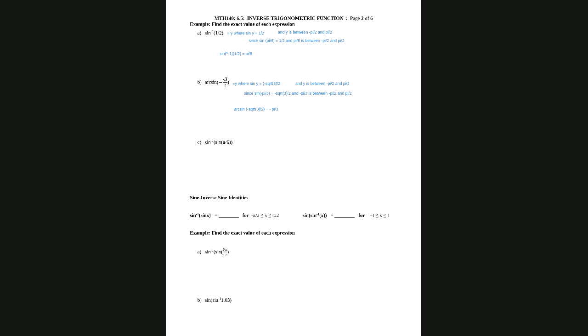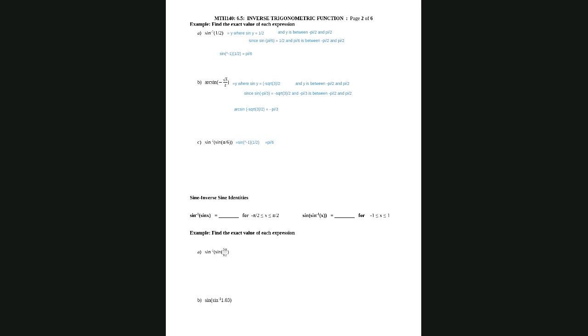So the first thing we're going to do is figure out the sine of pi over 6, and then do the inverse sine. We know the sine of pi over 6 is 1/2. So we need to find the inverse sine of 1/2. We did that up above in part A, so we know the answer is just pi over 6.